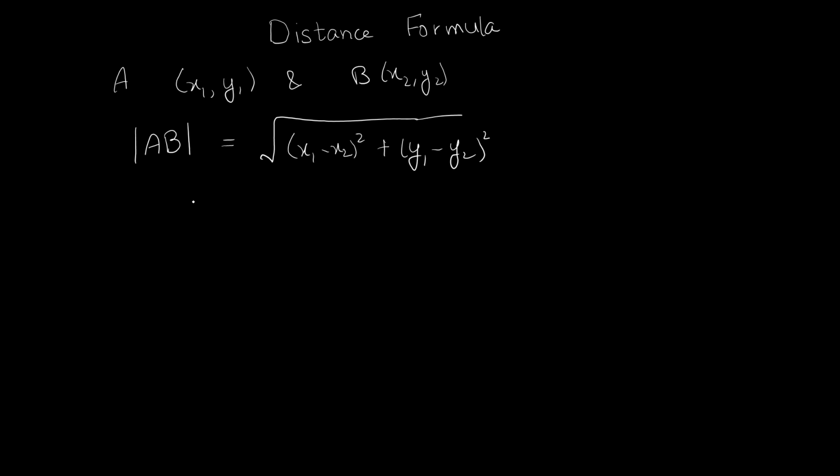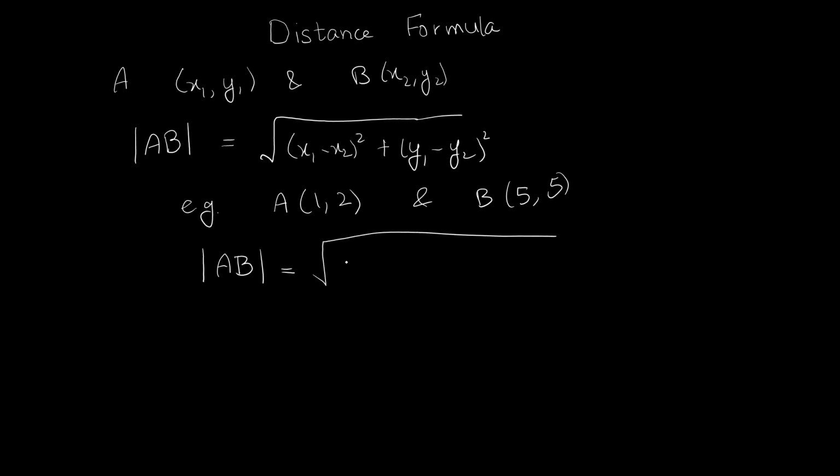For example, what is the distance? In this case, it would be this, since the square of a negative number is positive.